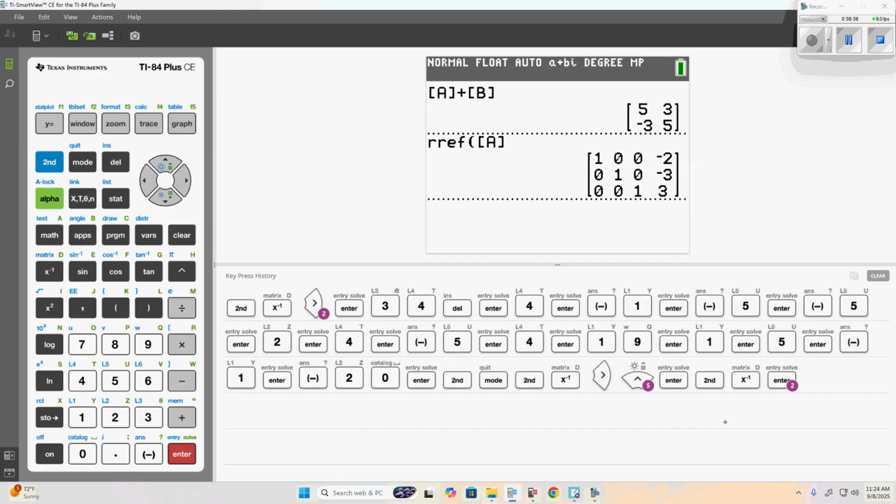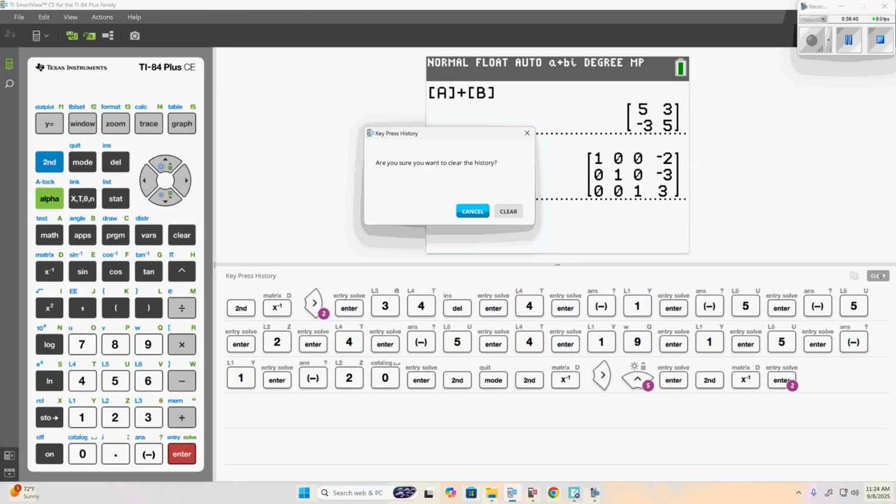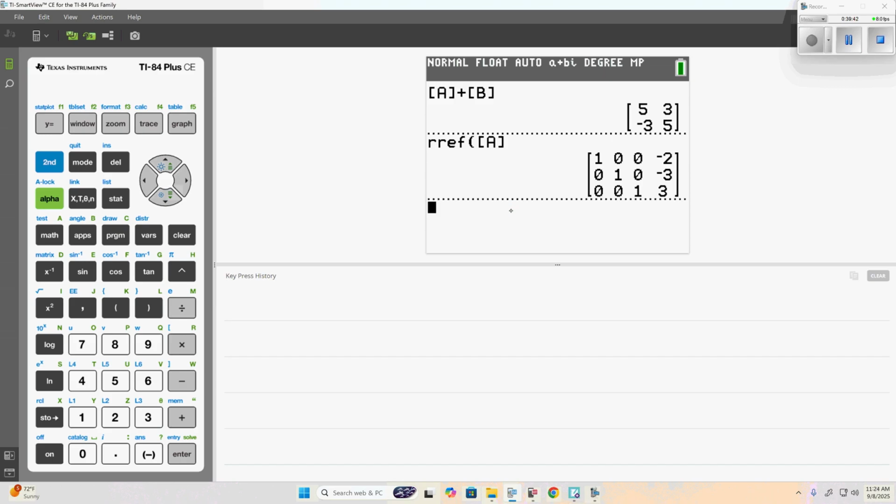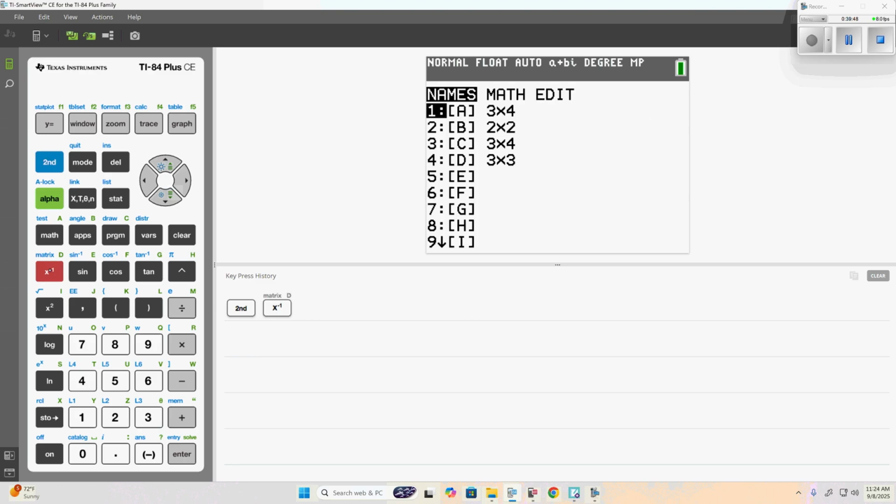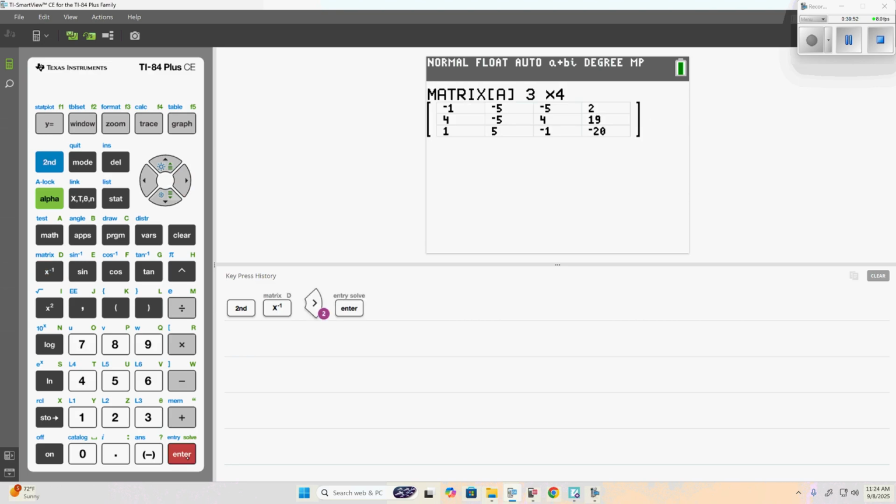Once we get that written out, we'll pull the calculator up. First thing we have to do is plug the matrix in. To plug it in, we're going to go second matrix over to edit. We'll put it into the first matrix A, so we're going to just hit enter. First thing we want to type in are the dimensions, which is going to be a 3 by 4. And we'll plug each of the elements in.